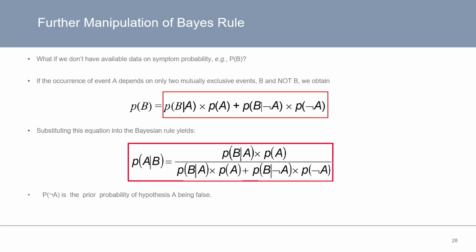Basically, we show this manipulation to illustrate how when some pieces of evidence or probabilities aren't available or can't be easily calculated, there are often alternative ways to calculate them based on available information. Also of note, here the probability of B given not A is the probability of finding evidence B even when hypothesis A is false.